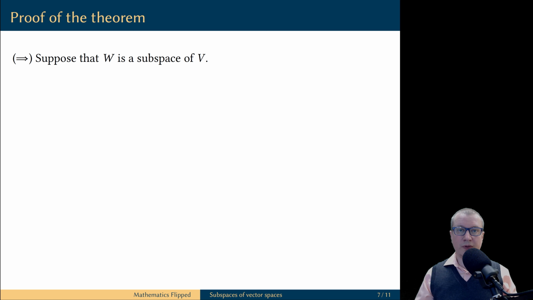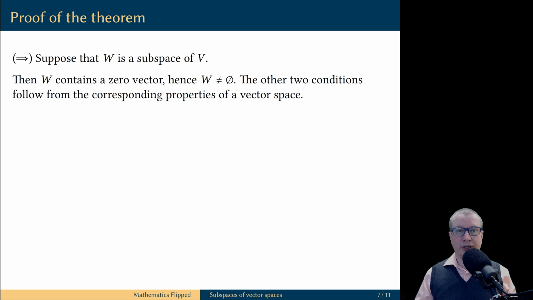When we assume that W is a subspace of the vector space V, we are assuming, by the definition of the subspace, that W is a vector space in its own right. In particular, it cannot be empty because it must contain at least the 0 vector. Moreover, the other 2 conditions must be satisfied because this is a requirement for a vector space.